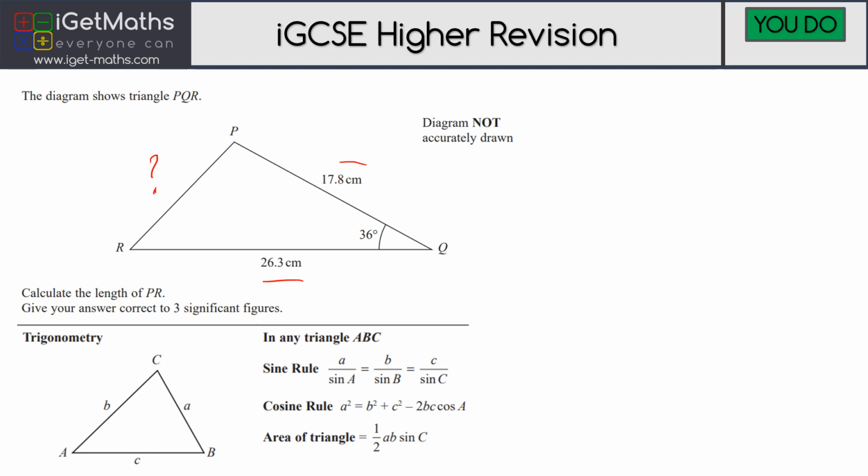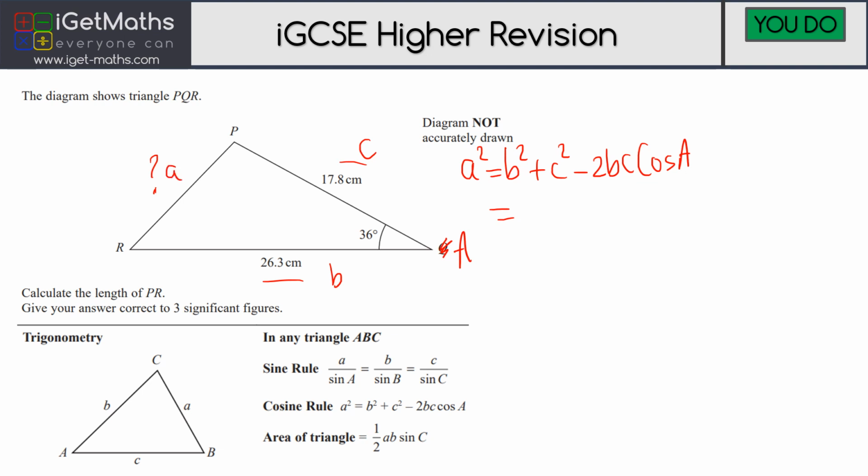So again, we're going to write a squared equals b squared plus c squared minus 2bc cos A. Doesn't matter again which side you have for b and which side you've got for c. We're going to cross this Q out and label that A and the question mark as small a.